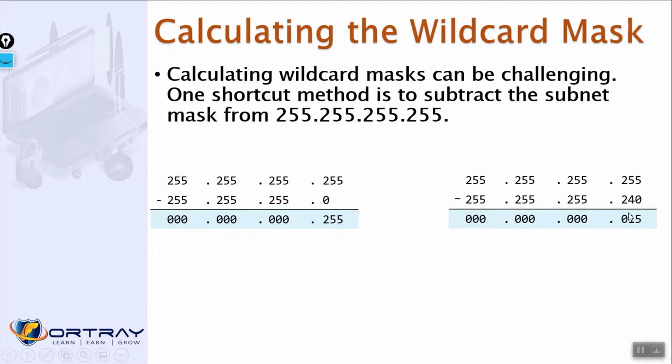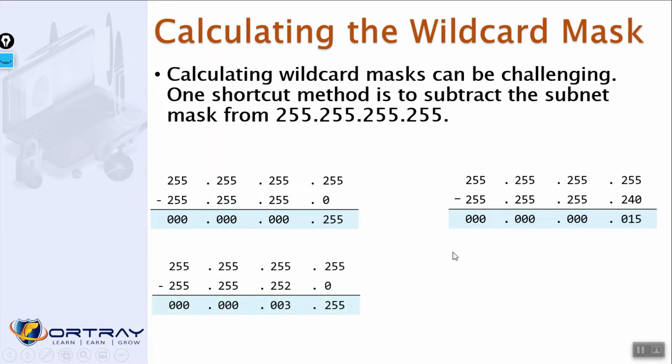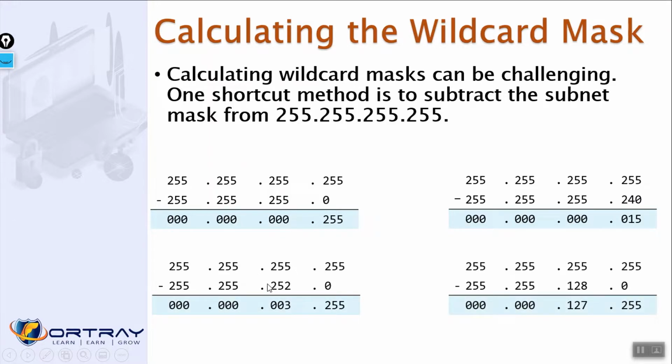Similarly, if you have 252, you get 3. So this is how you define the wildcard mask.